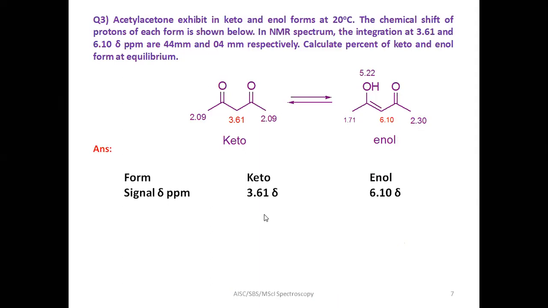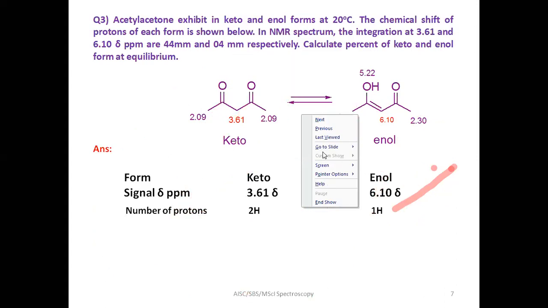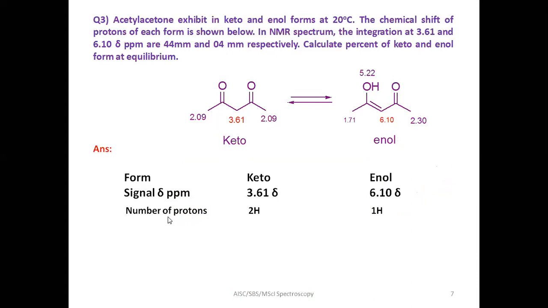Now the number of hydrogens or protons: 2 protons at 3.61 delta, and 1 proton at 6.10 delta. At that signal the integration is given: 44 mm and 4 mm. So the intensity, or the integration, is 44 mm and 4 mm.